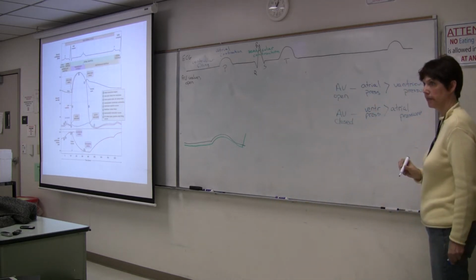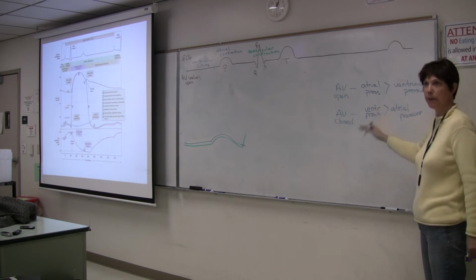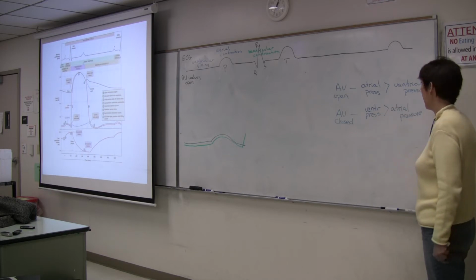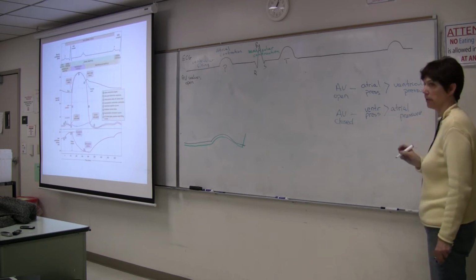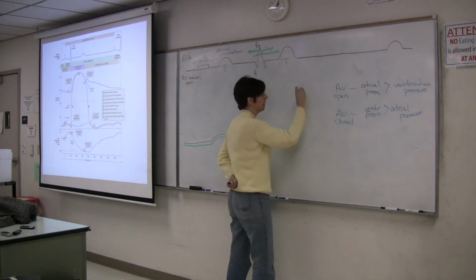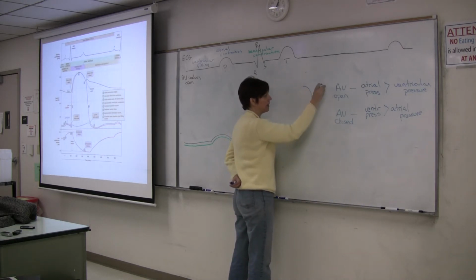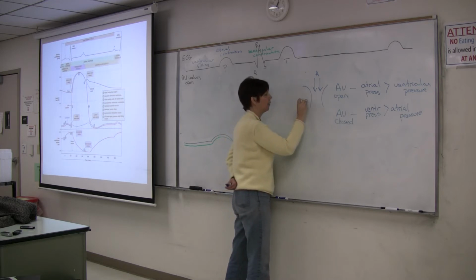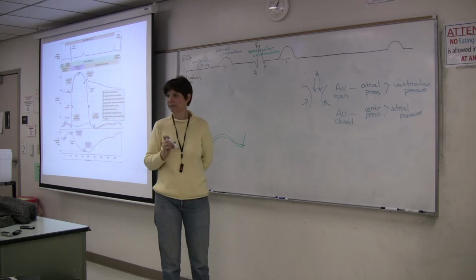It closes at the time the pressure becomes greater, and it stays closed the entire time that ventricular pressure is greater than atrial pressure. So again, to illustrate, the position of my AV valve is like this. When atrial pressure is greater, the valve opens. When ventricular pressure is greater, the valve closes.